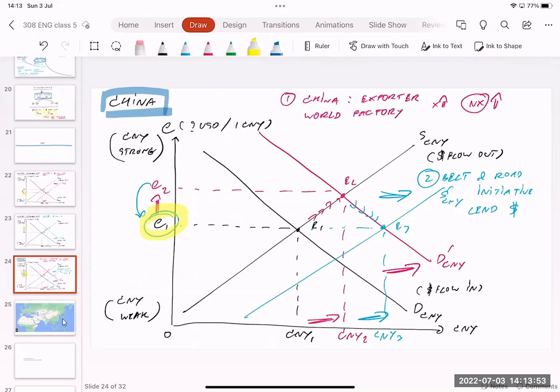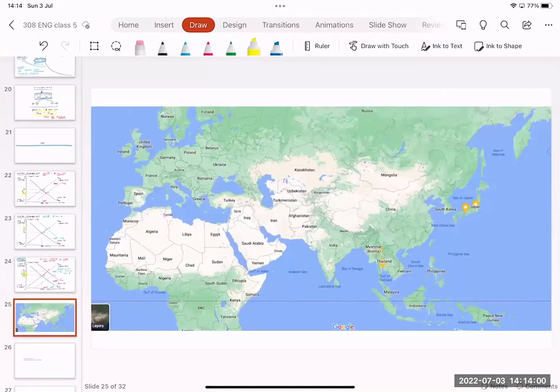If you look at the detail, I'm looking at the world map. China is here. This is China. For the Belt and Road, this is like the Silk Road of 1,000 years ago. 1,000 years ago, China had a trade route to Europe.